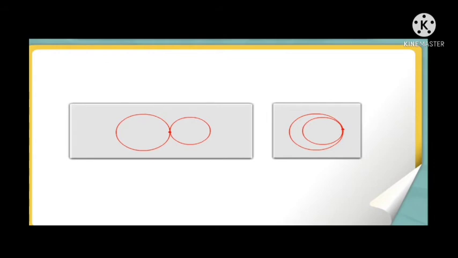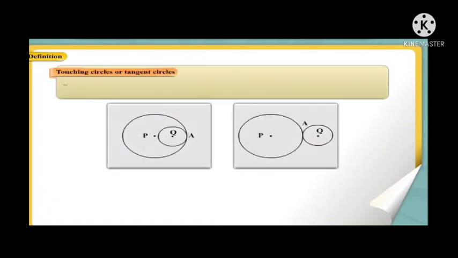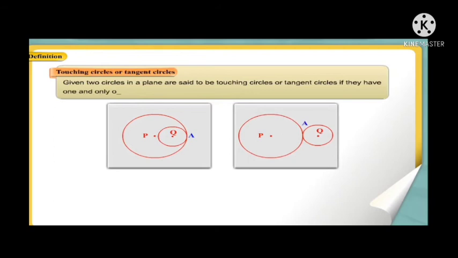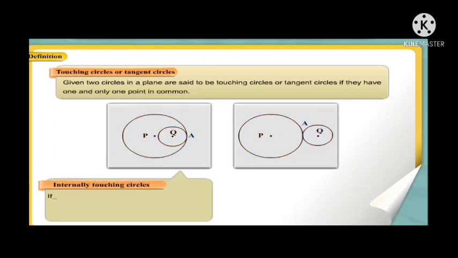So students, we will see the definition of touching circles or tangent circles. Given two circles in a plane are said to be touching circles or tangent circles if they have one and only one common point.